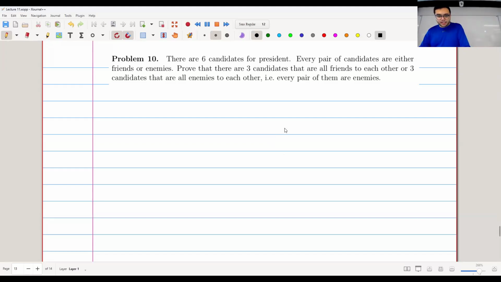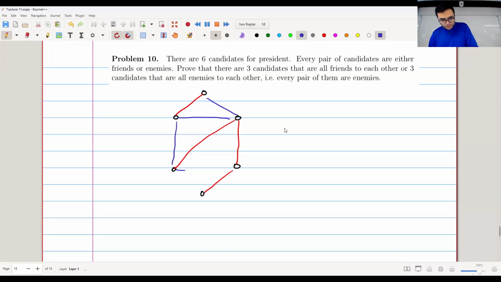Okay. So basically the idea is this. I have 6 people. And if they're enemies, I connect them to each other with red lines. And if they're friends, I connect them with blue.